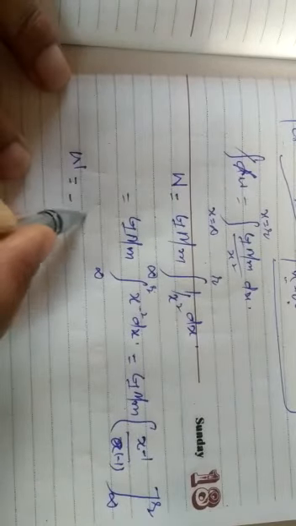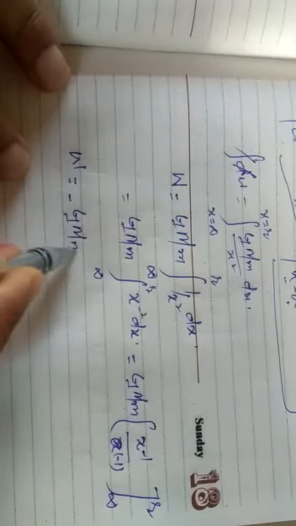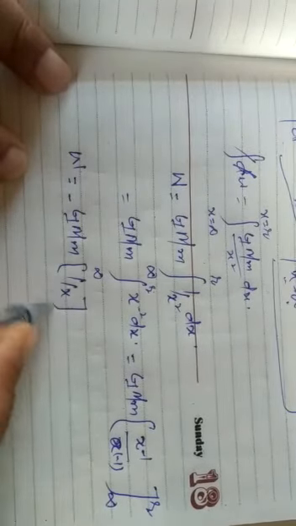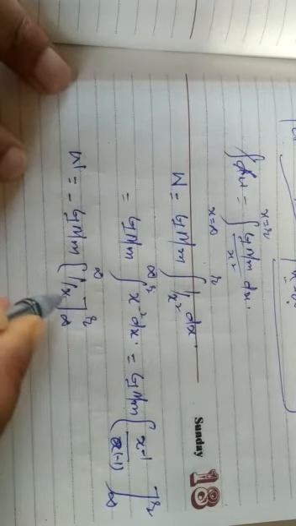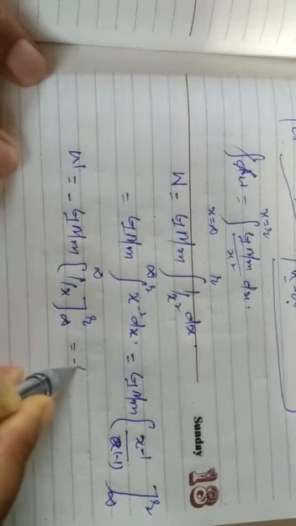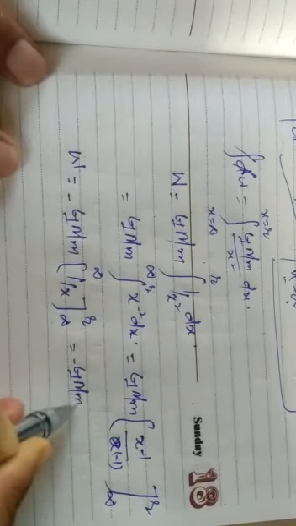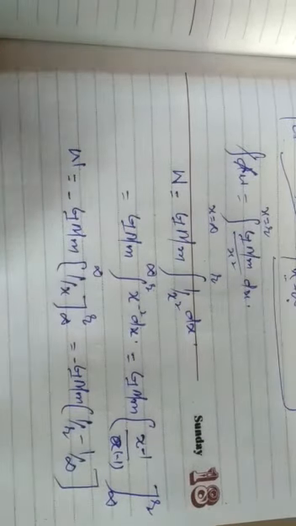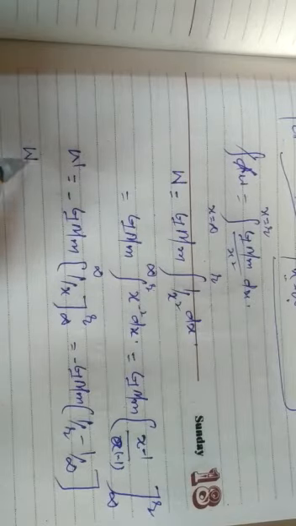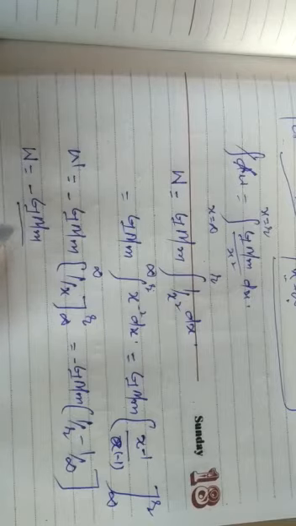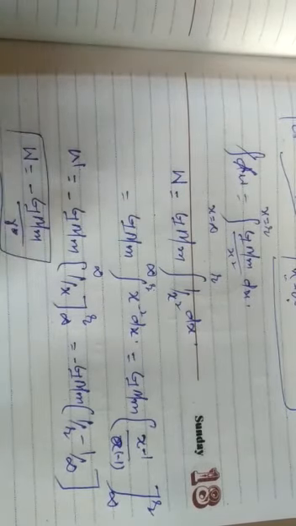W equals minus G M m, and then within the bracket it will be 1 by x from infinity to r. So instead of x, the upper limit r, and instead of x, the lower limit infinity, it will be equal to minus G M m times 1 by r minus 1 by infinity. 1 by infinity is 0, and simply W comes out to be minus G M m over r.